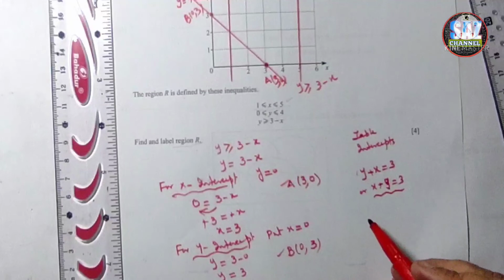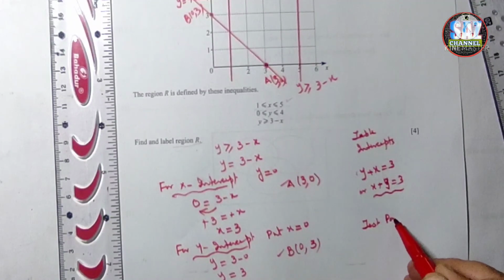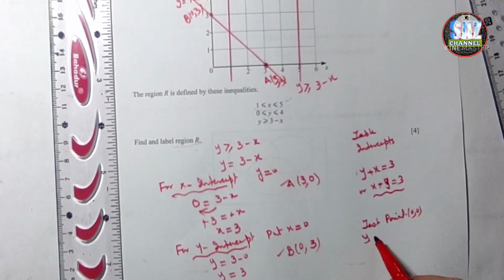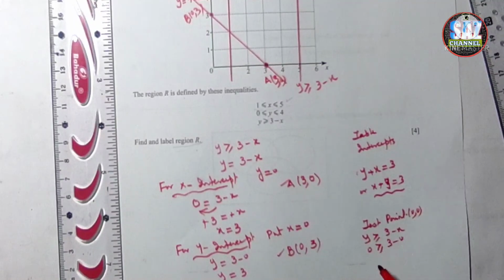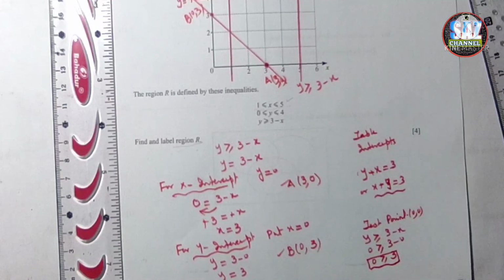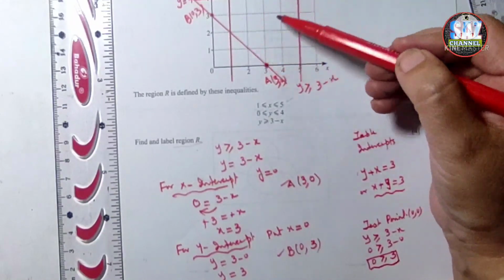If I'm putting the test point 0, 0 in the given linear inequality, which is y greater than or equal to 3 minus x, we get 0 greater than or equal to 3 minus 0, 0 greater than or equal to 3. It means it's a false condition. The test point is not satisfied.